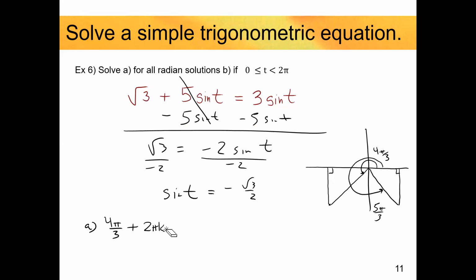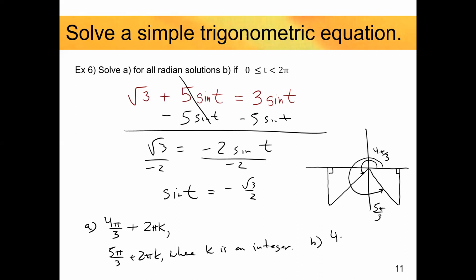Once you go with something, you've got to go with it here. So this one, then, we have 5π/3 plus 2πk, where k is an integer.